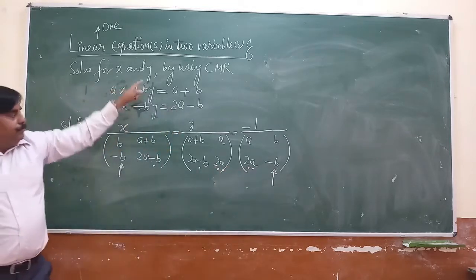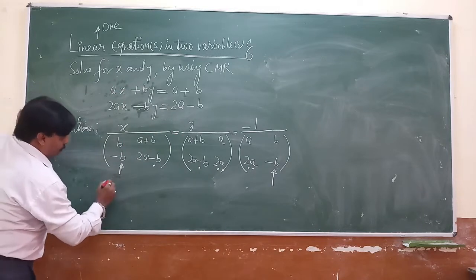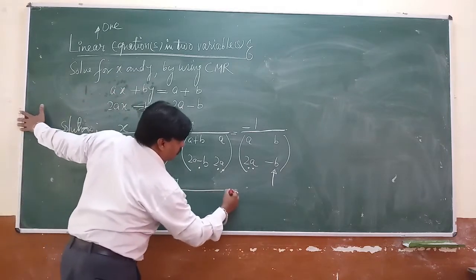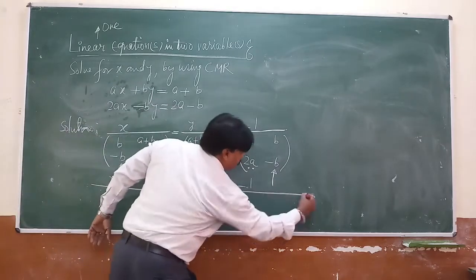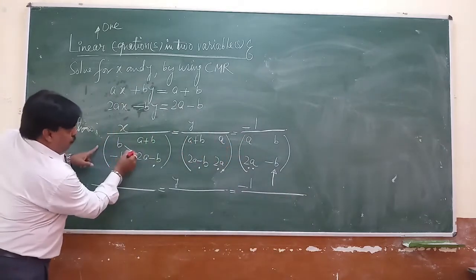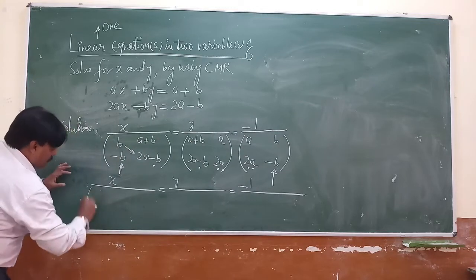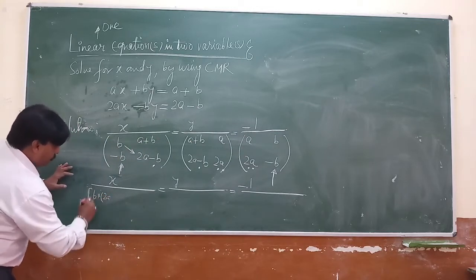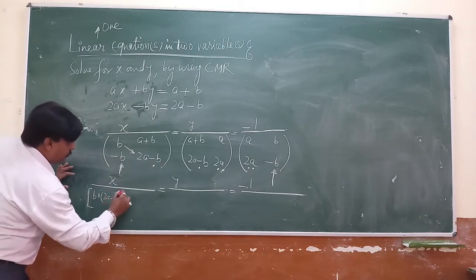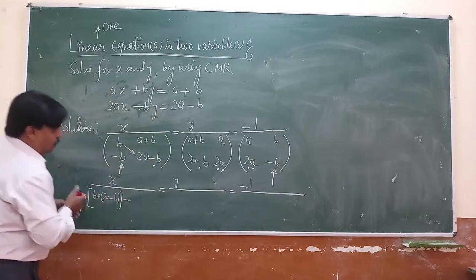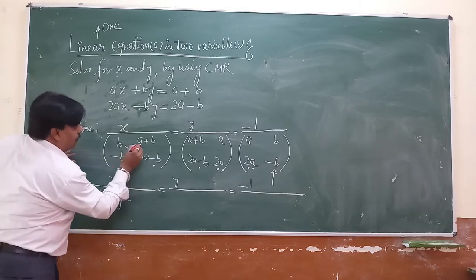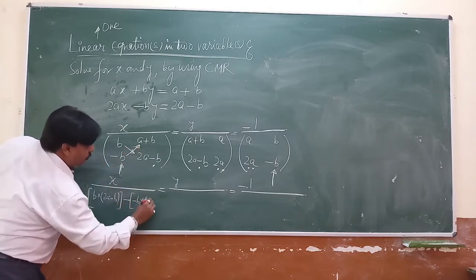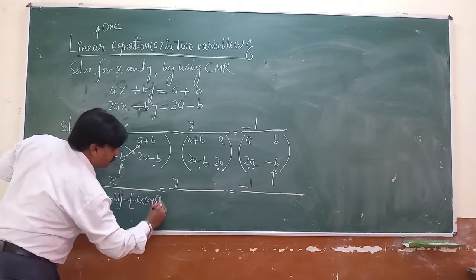You can check that. See now, again, x over, y over, and minus 1 over. We will go up to down first. Keep in bracket b into 2a minus b. This is the minus sign according to the rule. Now down to up, minus b into a plus b.